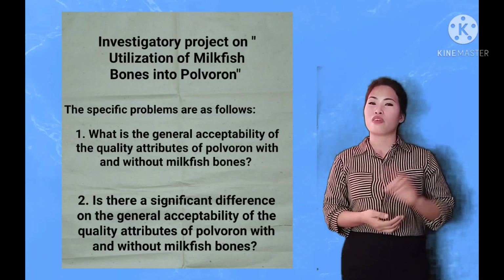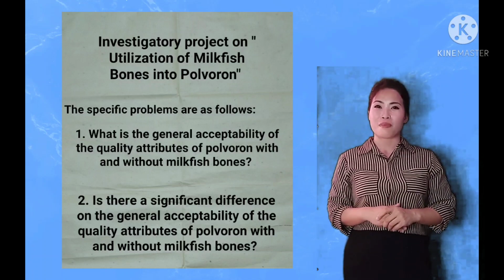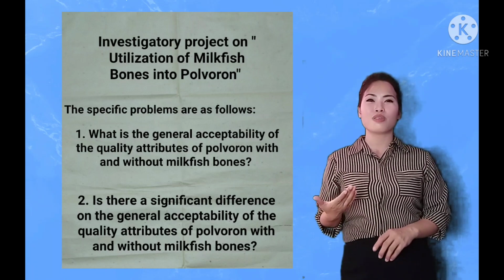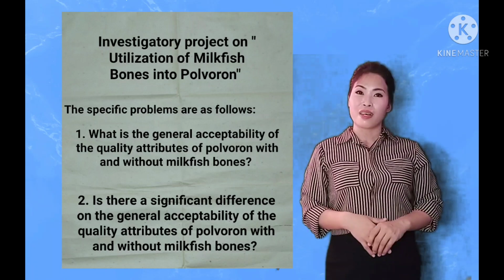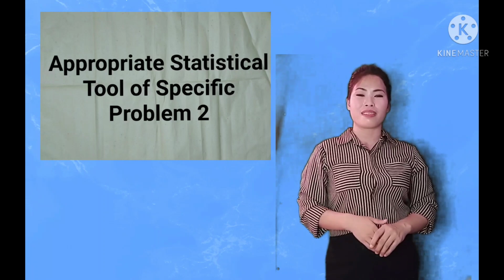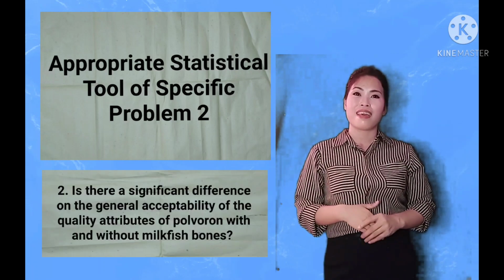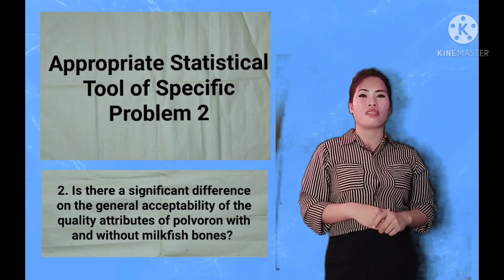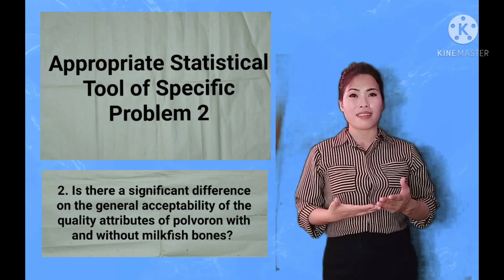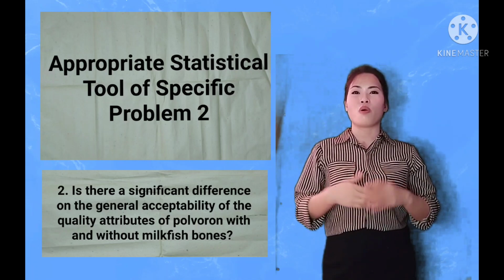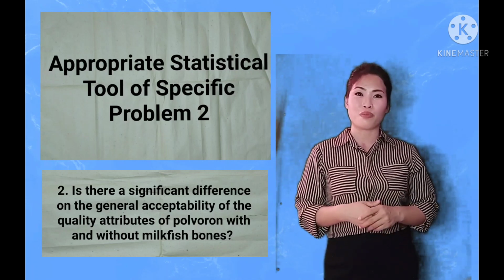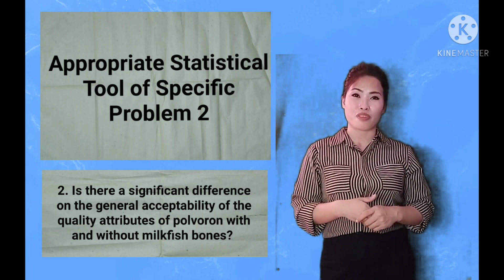Now the first research problem will be discussed by Miss Balungan, and I'm going to discuss the second problem. So now let's discuss the appropriate statistical tool for specific problem 2, which states: is there a significant difference in the general acceptability of the quality attributes of polvoron with and without milkfish bones?